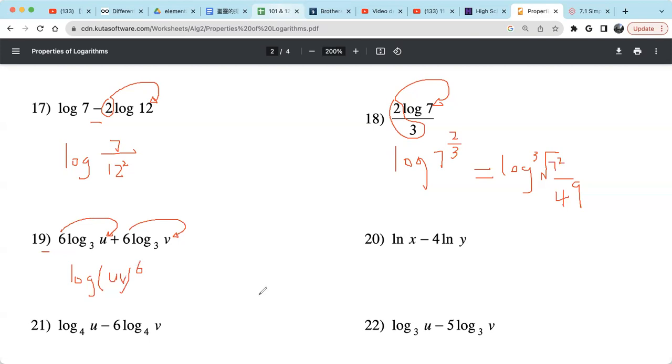Because 6 is the exponent of u, 6 is also the exponent of v. So we can write like this, log of uv raised to 6. Subtraction again, so this one can be written as ln x divided by 4y raised to 4. That's it.